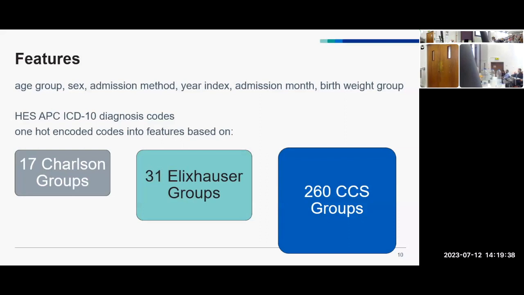To give you an idea how much more granular that was, there are 20 plus groups in CCS alone for cancer related diagnoses, whereas Charlson has 3 and Elixhauser has 2. So this is way more granular, and that essentially added 268 features to the model.